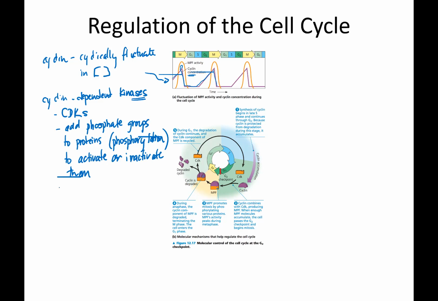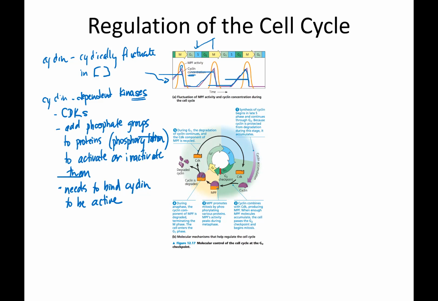And as the name suggests, CDKs are cyclin dependent. They need to bind cyclin to be active. So as you can see here, cyclin levels start rising at the beginning during the S phase, and it peaks at M phase, and there's a sudden drop. So this is the purple trace that we're looking at.